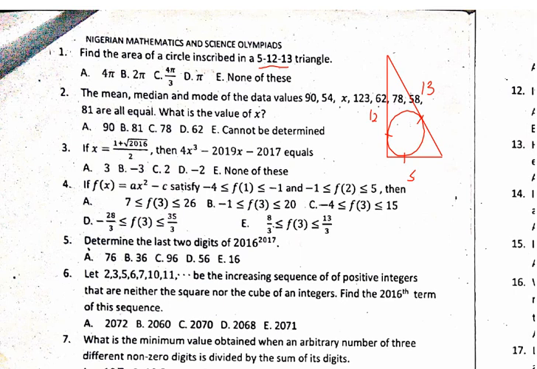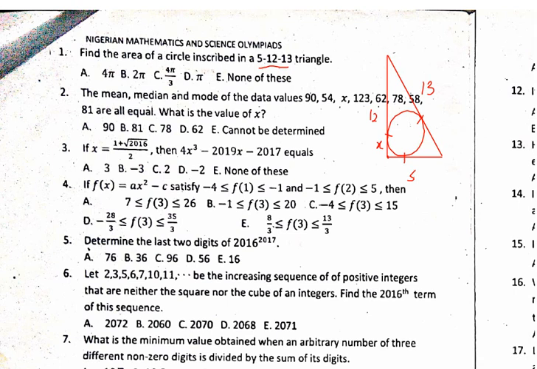All right, so the tangents are equal. Let the tangent here be x. Based on the fact that tangents from an external point are equal, this is an external point here, so tangents from this point are equal.